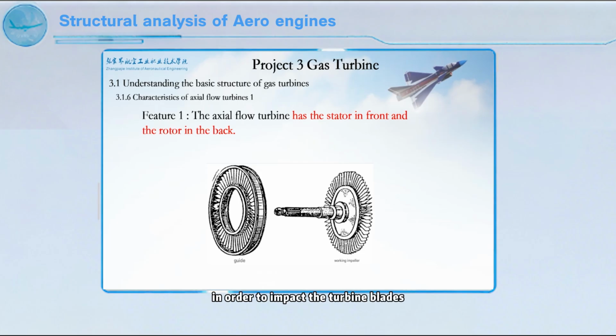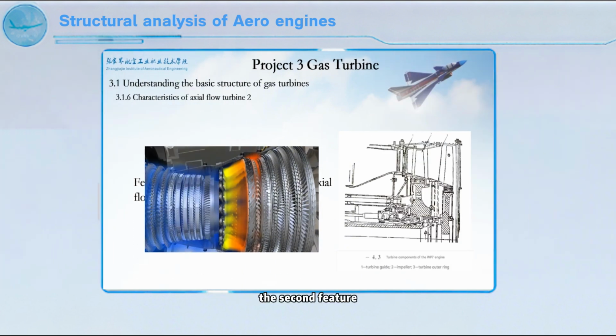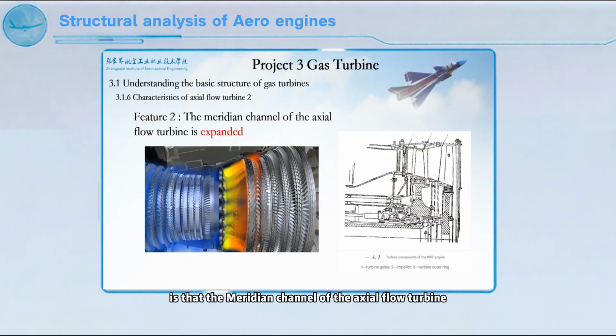Just like the small windmill we played with when we were young, if you blow at the windmill blades, the windmill will easily rotate, but if you blow it sideways or at an angle, the windmill will not rotate so easily. The second feature is that the meridian channel of the axial flow turbine is expanded.